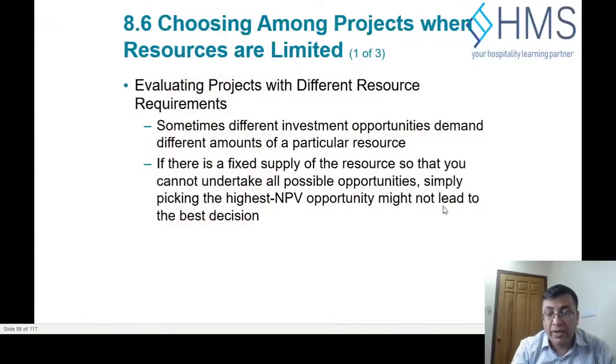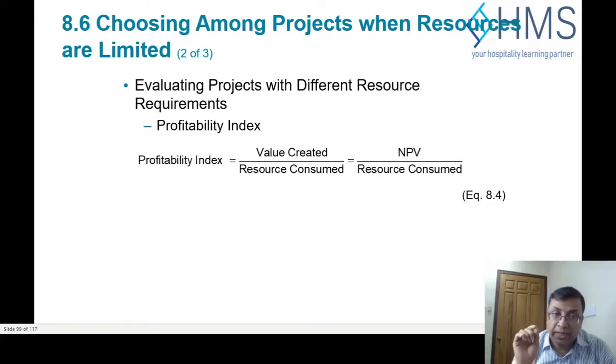So here you are evaluating projects with different resource requirements. In this example, simply basing the decision on the highest NPV may not be the right solution, because the initial investment or the resource allocation may give you suboptimal decisions. So in that case, we normally calculate the profitability index, or value created divided by the resource consumed.